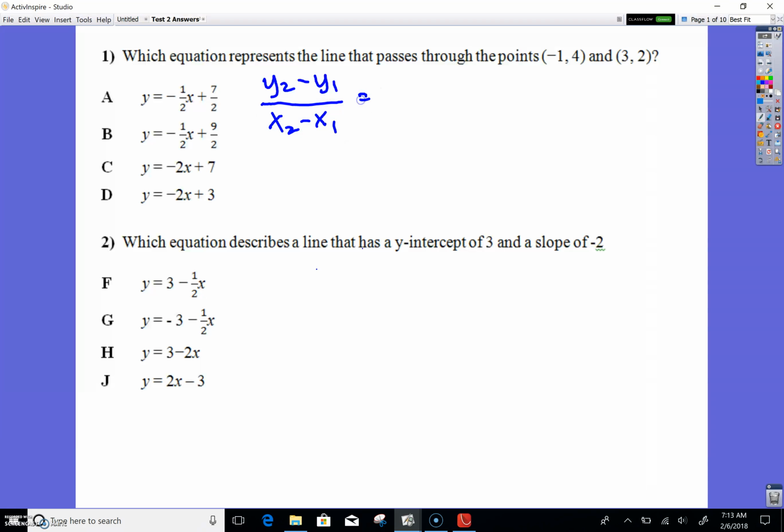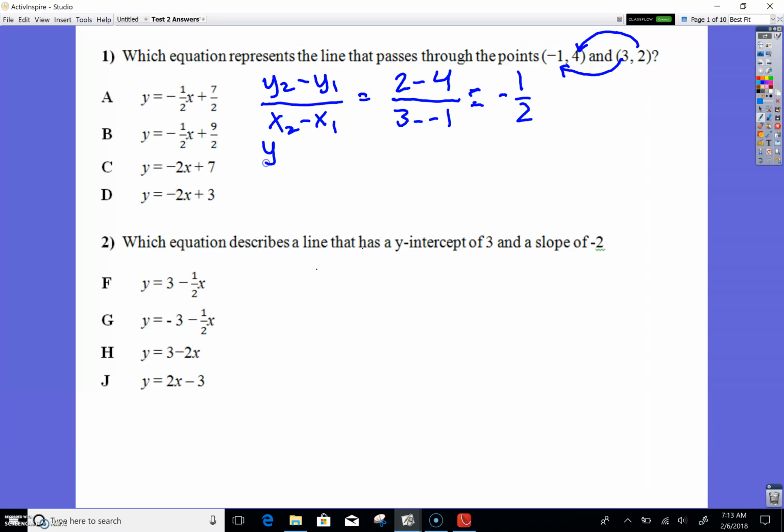We have 2 minus 4, and then 3 minus negative 1. When you do that, you should get negative 2 over 4, which is negative 1/2.